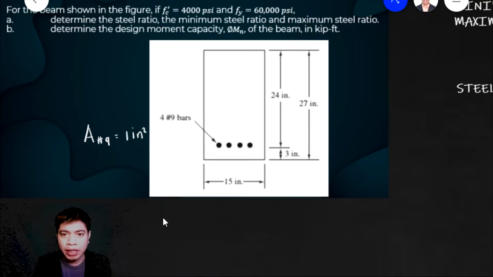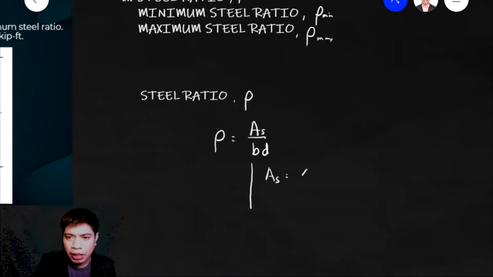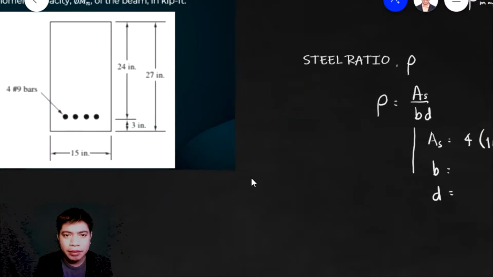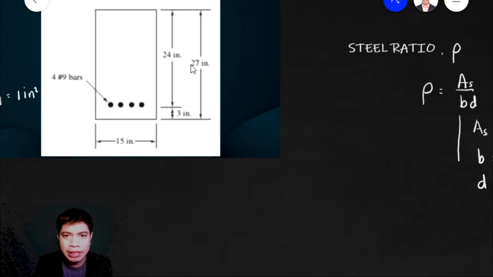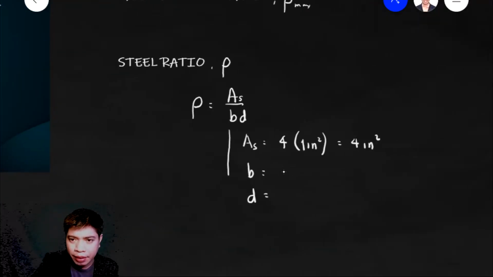So since meron tayong apat na number 9 bars, so that will be 4 times yung area nga ng isang number 9 bar ay 1 square inch. So this will be 4 square inches. Okay? So of course, yung ating b at saka d is already given. So yung b natin is 15 inches and yung d natin effective depth ay 24 inches.